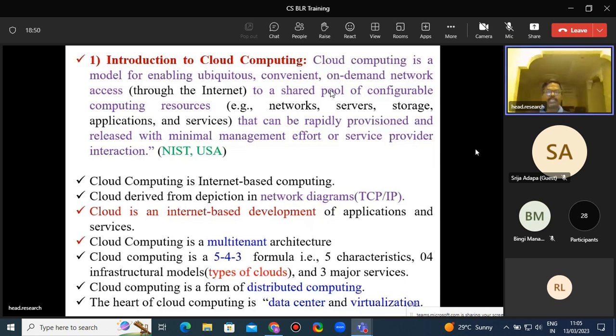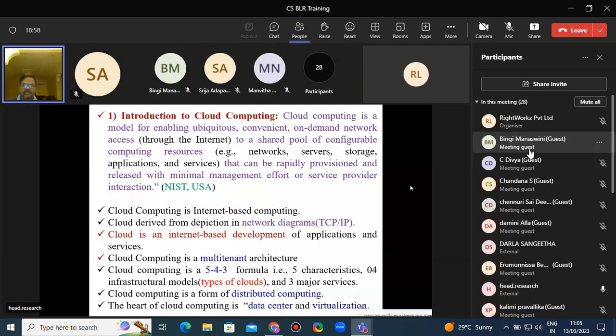Cloud computing is a 5-4-3 formula of the characteristics for infrastructure models, services. Cloud computing is a form of distributed computing. The heart of cloud computing is data center and virtualization.